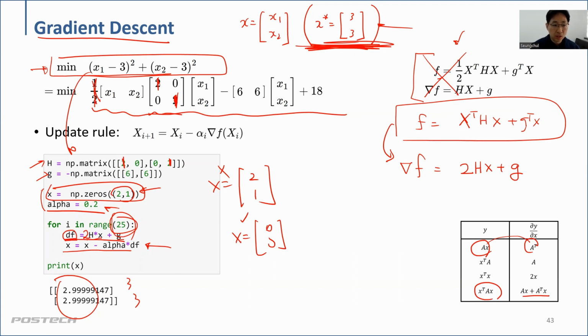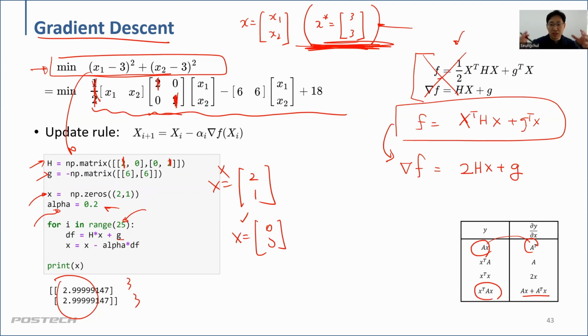Let me see what I want you to try at home. Change the number of iterations, change the value of alpha, and change the value of the initial point.